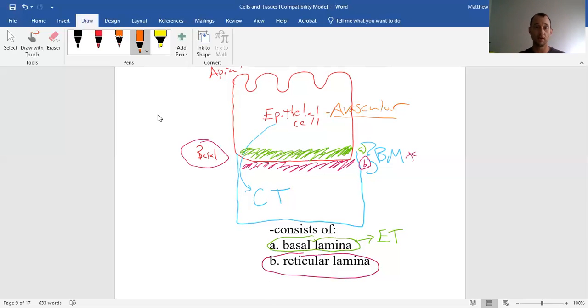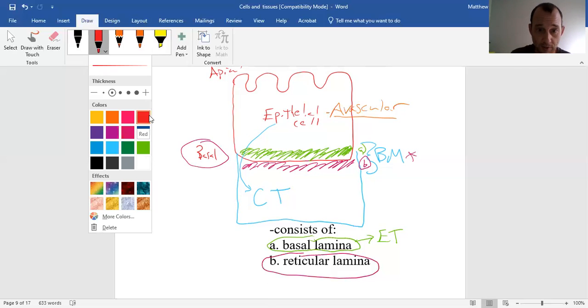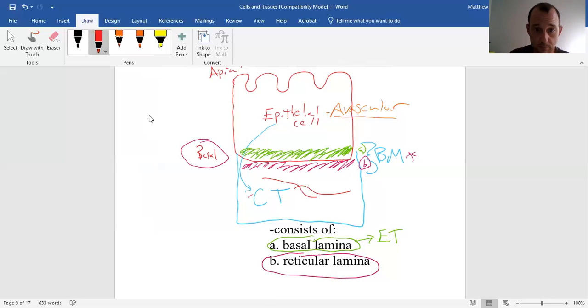So where does it get its blood supply? Well, the oxygen that you need for that epithelial cell to be able to survive occurs because your connective tissue has blood vessels.